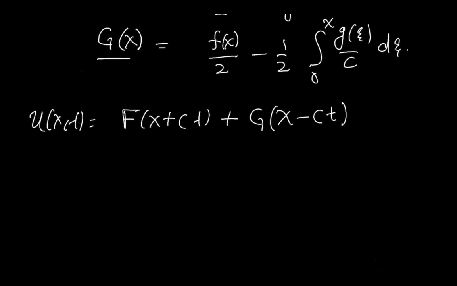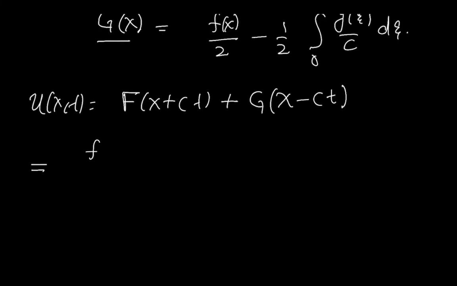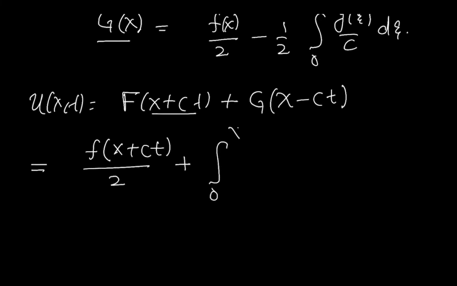So, and then I plug in my f. What is my f? F is f(x), but where is x? I'm going to replace x by x plus ct, because I'm calculating at x plus ct, divided by 2, then plus the integral from 0 to x plus ct of g(c) dc divided by 2c.